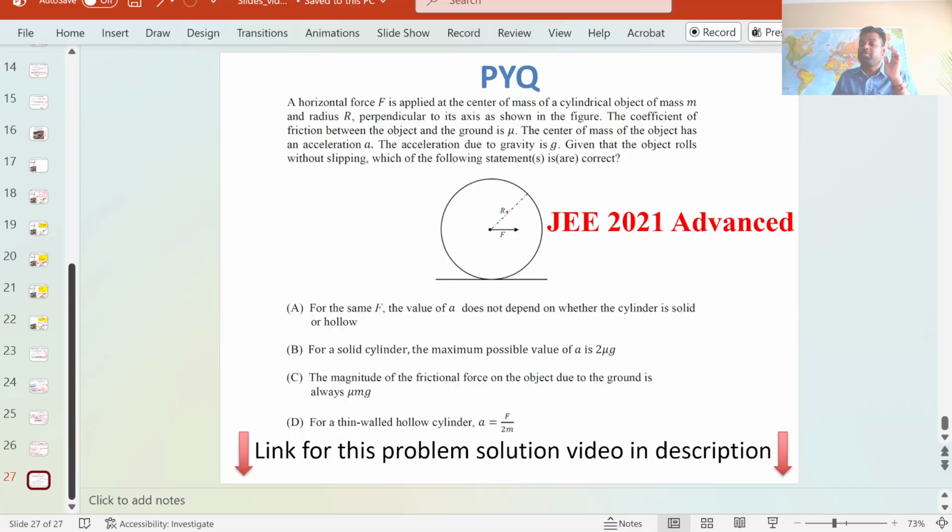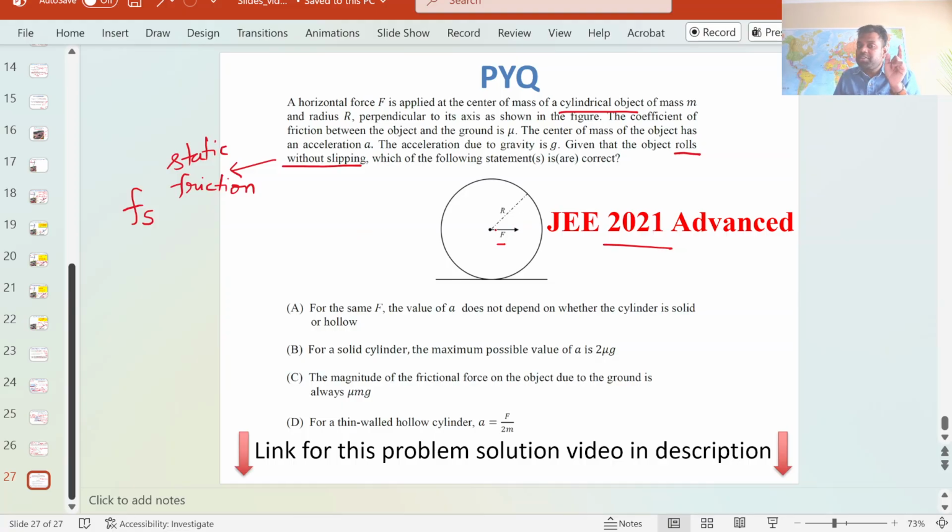Another problem from a past year exam, 2021 Advanced. Again, it looks simple. You have a cylindrical object and you are applying a force F. Read the whole question, and the most important thing relevant for this video is rolling without slipping. Rolling without slipping means again static friction, Fs. And do not say that it is mu n. It can be, but it cannot always be.